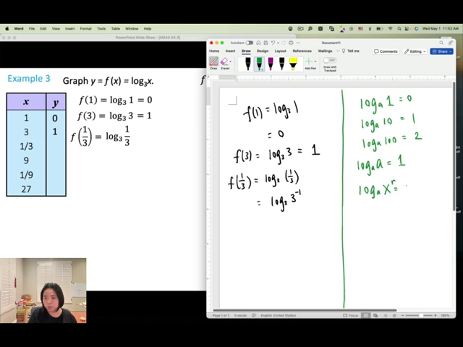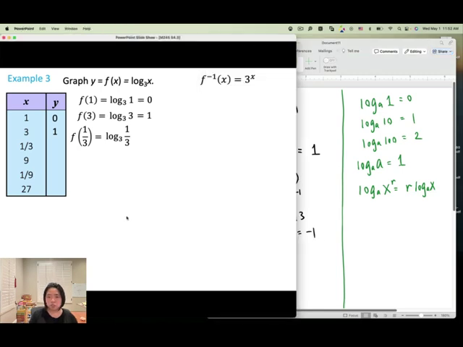We could put the r in front of the log, so we have r times log with the base a of x. Same idea with this guy. We have a -1, so we could put it in the front. -1 log base 3 of 3. That will be using this formula, log base a of a equal to 1. So that will be equal to -1.